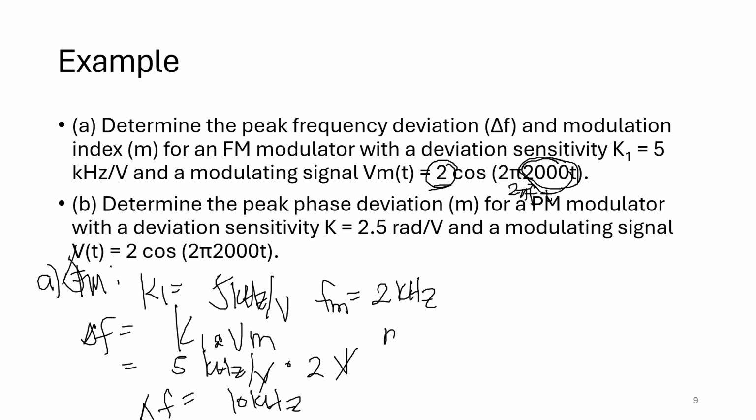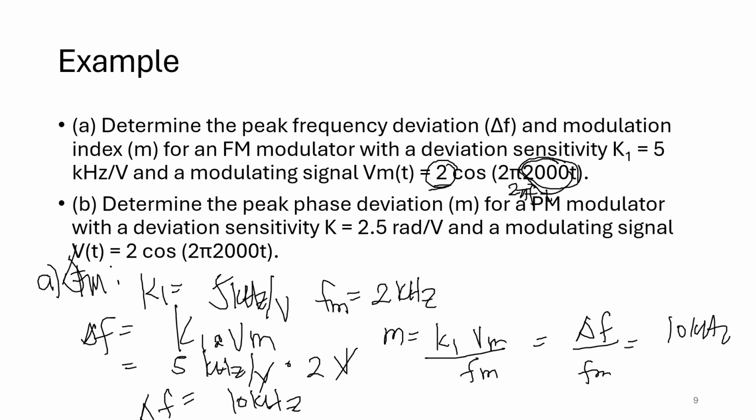This is K1 from the table earlier, K1 multiplied by Vm divided by Fm, or simply, since we have already solved for this, your peak frequency deviation divided by our Fm. So our peak frequency deviation is 10 kilohertz divided by our Fm, which is 2 kilohertz. So kilohertz will cancel out.